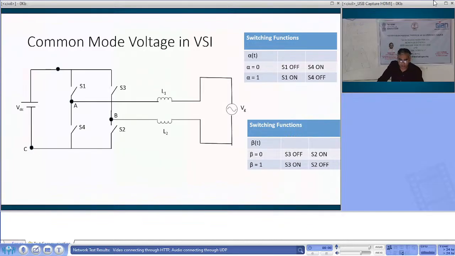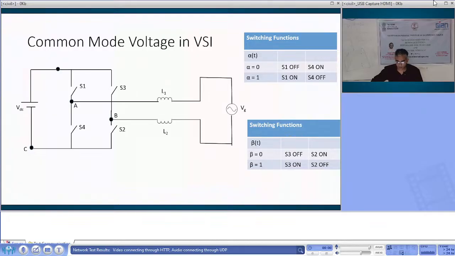Now let's analyze the common mode voltage for this H-bridge inverter. We have a simple H-bridge inverter connected to a DC source, which can be a PV module. L1 and L2 are the filters connected on the phase side and neutral side for eliminating harmonics, and then there is a grid VG.